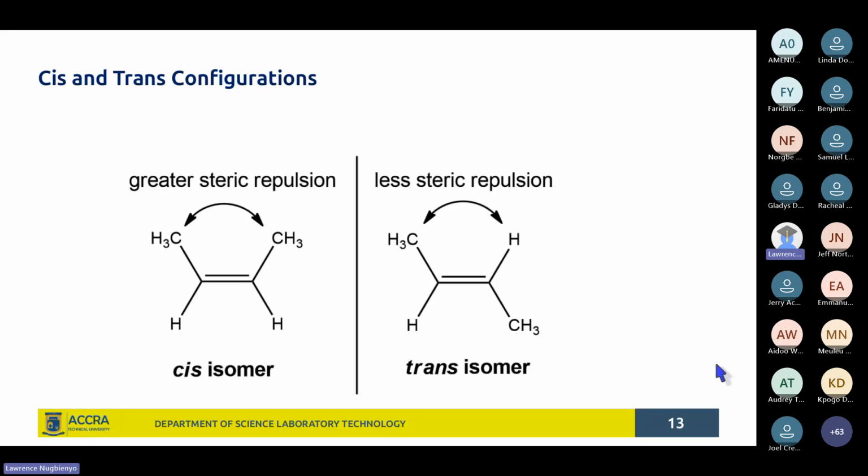You also want to remind yourself of these cis and trans configurations. You did these things even in secondary school, where you had these alkenes, that when you have bigger residues at one end of the double bond, you have an increase in what is referred to as steric repulsion.